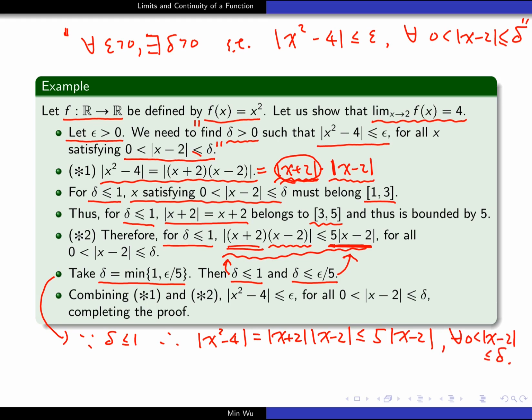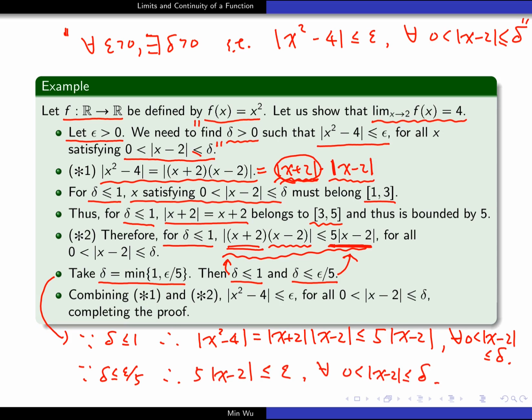And the second thing is, because delta is less than or equal to epsilon over 5, therefore 5 times |x - 2| will be less than or equal to epsilon for all 0 < |x - 2| ≤ delta.